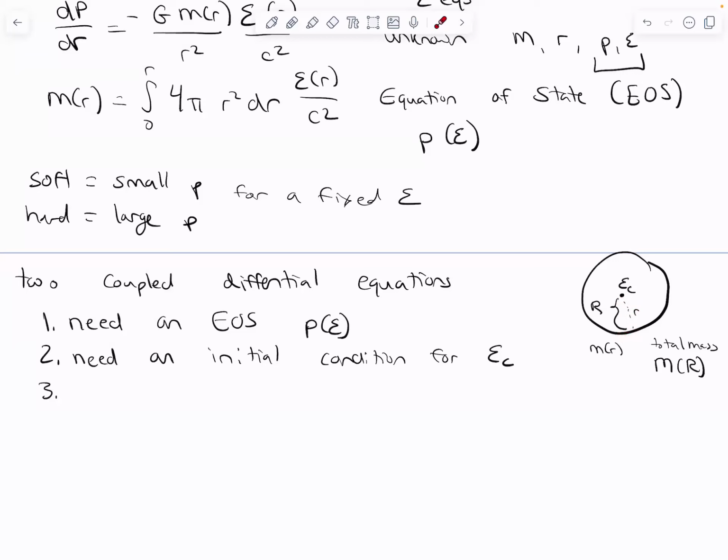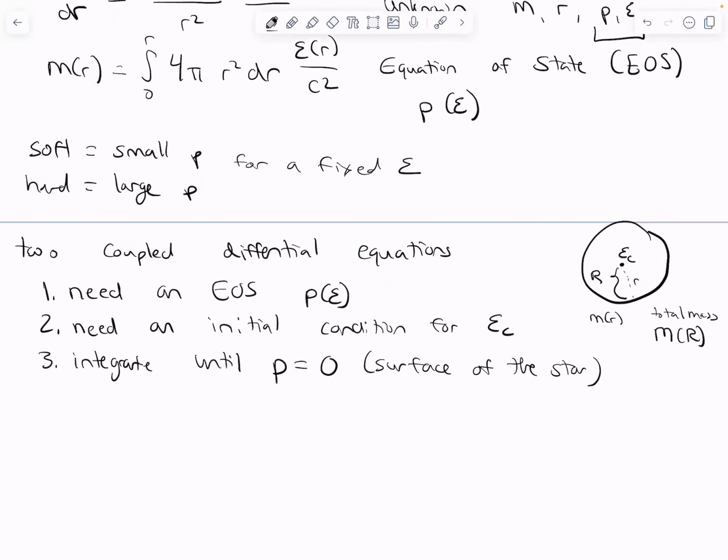And so we integrate until P equals 0, and that is the surface of the star. Great. Now, our radius starts from 0 here, and then we'll figure out how it looks for the rest of the star.